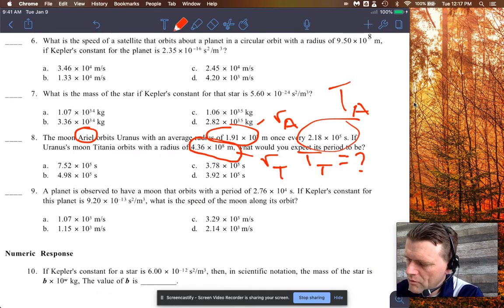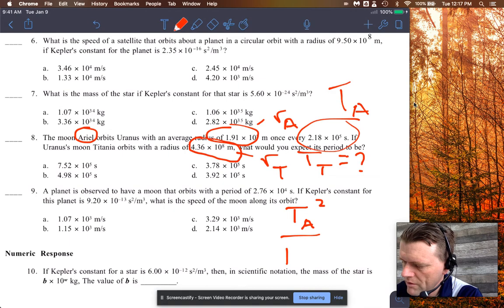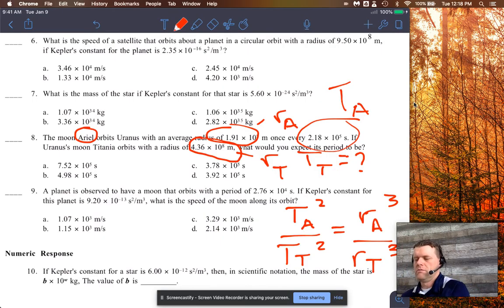The setup here would be, and I would try and just keep it the same, we'd say the period of Ariel squared over the period of Titania squared would equal the orbital radius of Ariel cubed divided by the orbital radius of Titania cubed. Because you have three of the variables, you can cross multiply and divide.